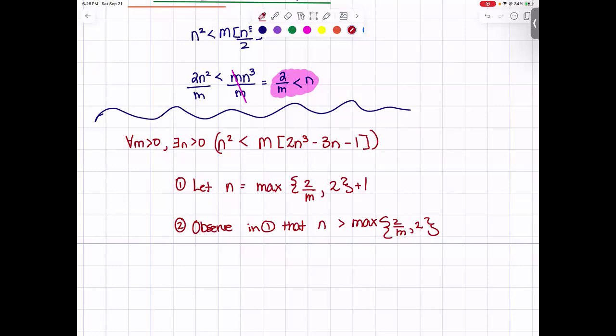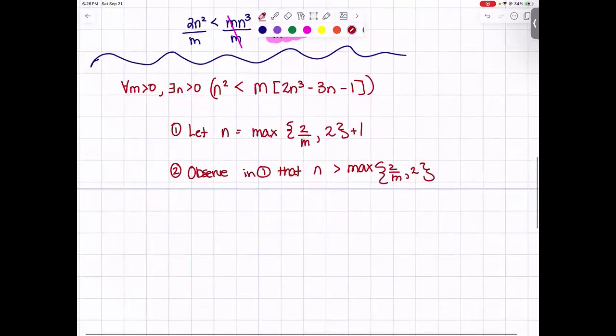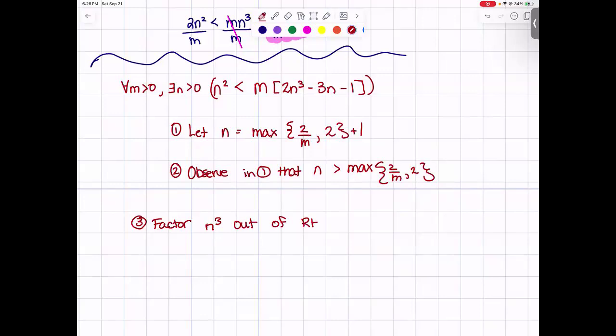Okay, so now that we have that information, let's rearrange our formula as we did before, get it in a state that we can work with. So let's factor n cubed out of the right-hand side of our statement.